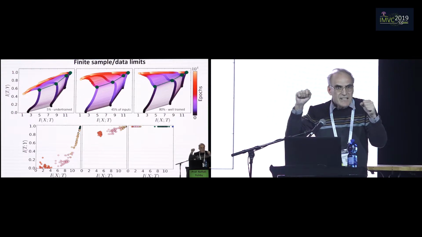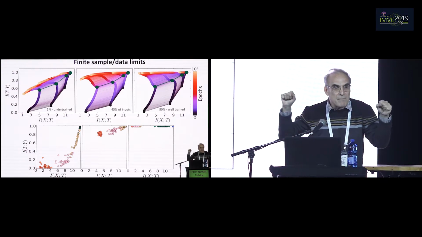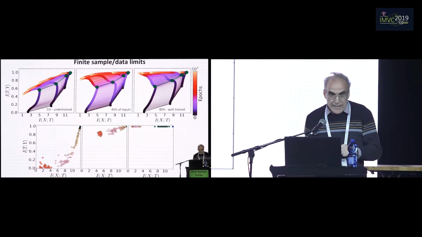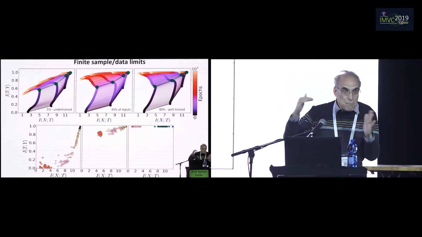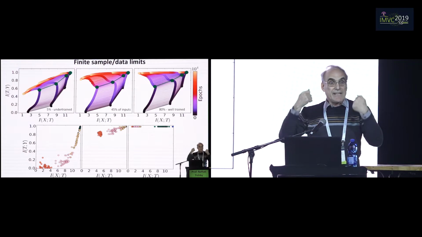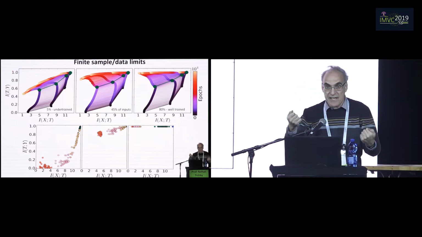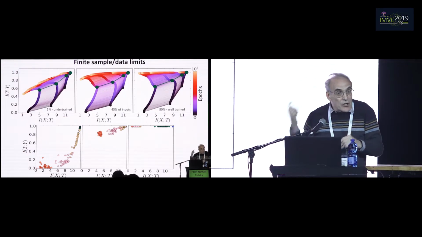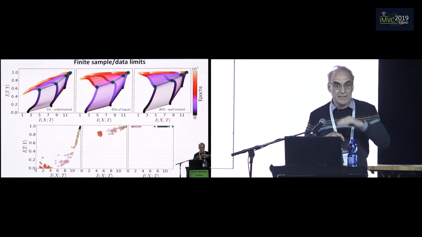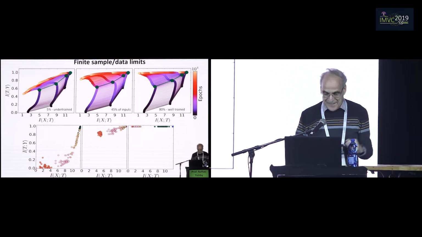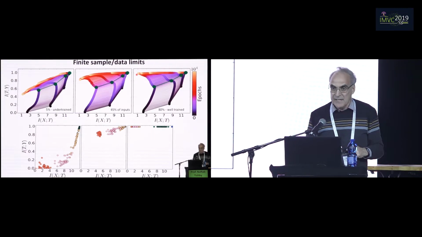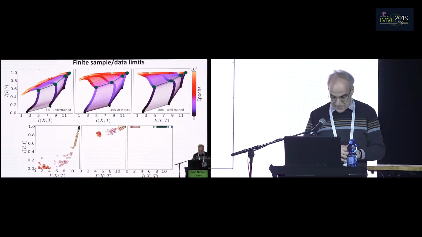So fitting the data, fitting the labels, is actually very easy. You can do it even with a small amount of data. But then what I call the compression phase, which is really the main improvement in generalization, that's where the money is, is actually not working well when you don't have enough data. You're actually going down on the left here, but if you have enough data, it's going up, and eventually you get to this interesting sufficient statistics point at the end.